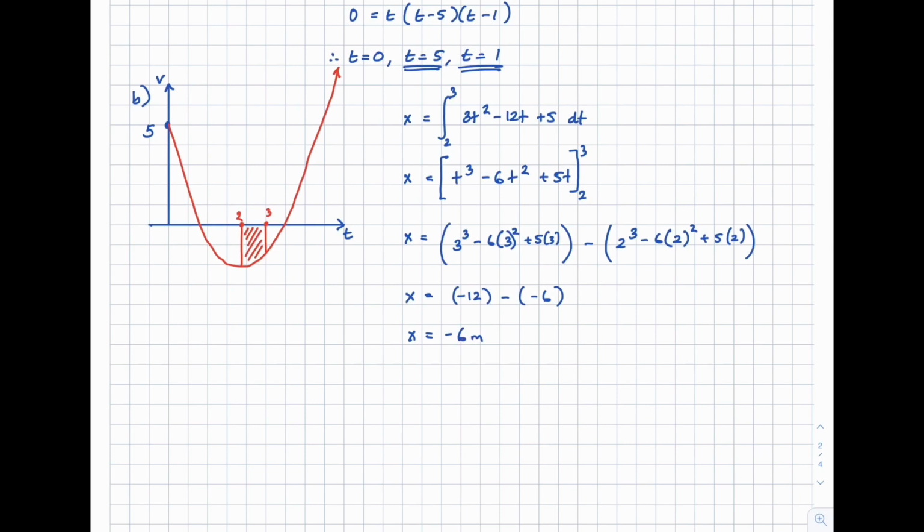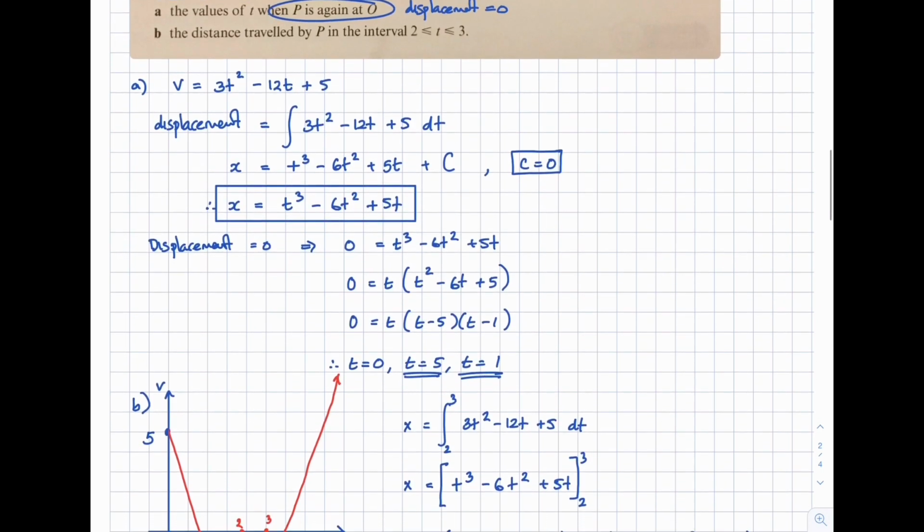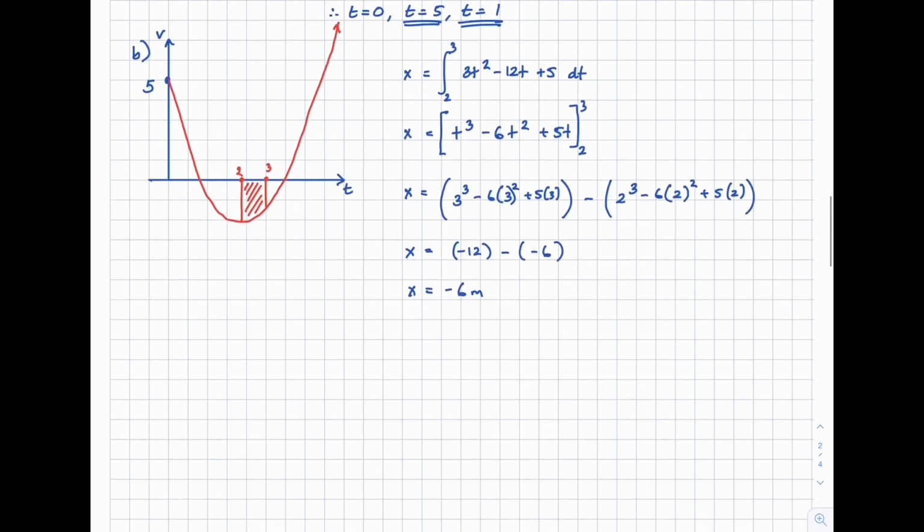Well, it's definitely negative, and that corresponds to the fact that the region that we've just calculated is under the t-axis, but the question is saying calculate the distance travelled. Distance is a scalar quantity, so we can take the magnitude of this answer, and we can therefore say, well, therefore the distance travelled is equal to 6 meters.